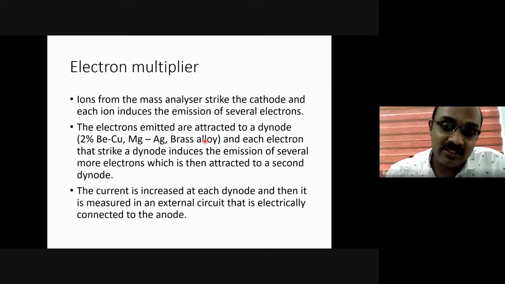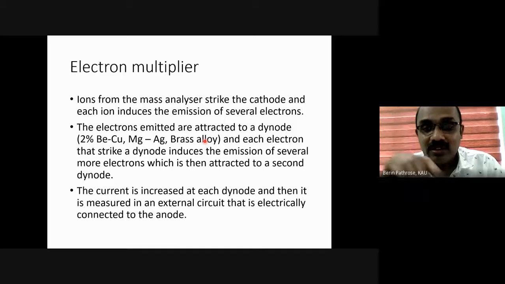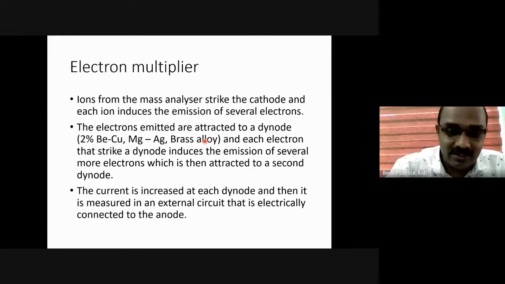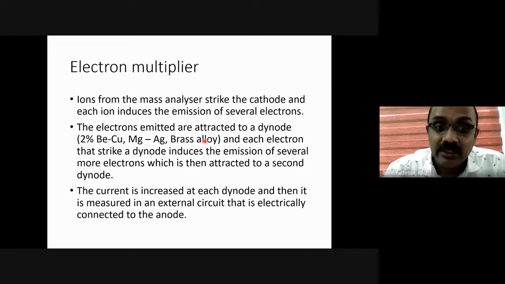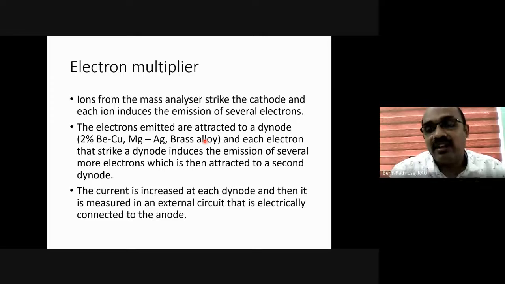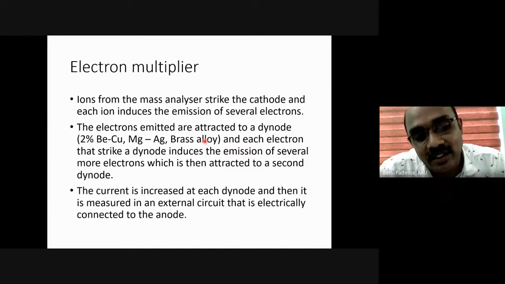That electron, if it strikes a diode, will emit n number of electrons. It multiplies, inducing the emission of more electrons, and once we have the electrons, we can measure the current and quantify the compound, its concentration.